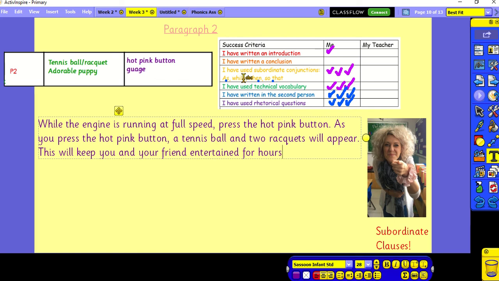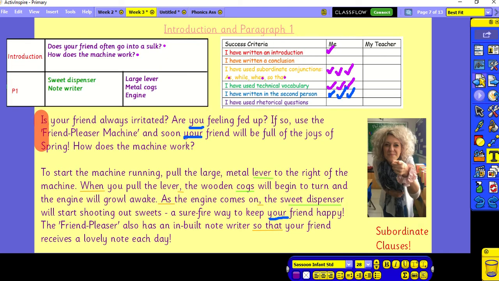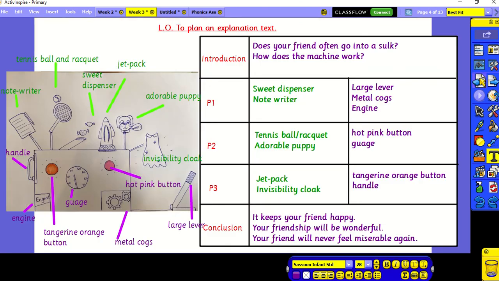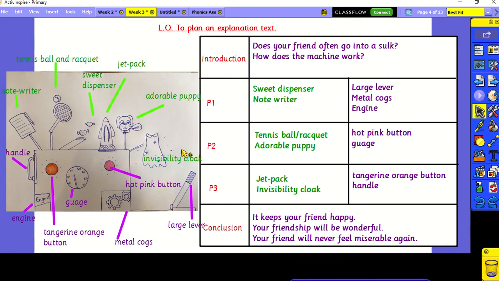Now, what do we need to talk about? The adorable puppy. A good way to move on to talk about something new is to say, furthermore, comma, when the dial on the gauge. So let's go back to the picture now. This is the gauge here, and this is the dial. We call this the dial.